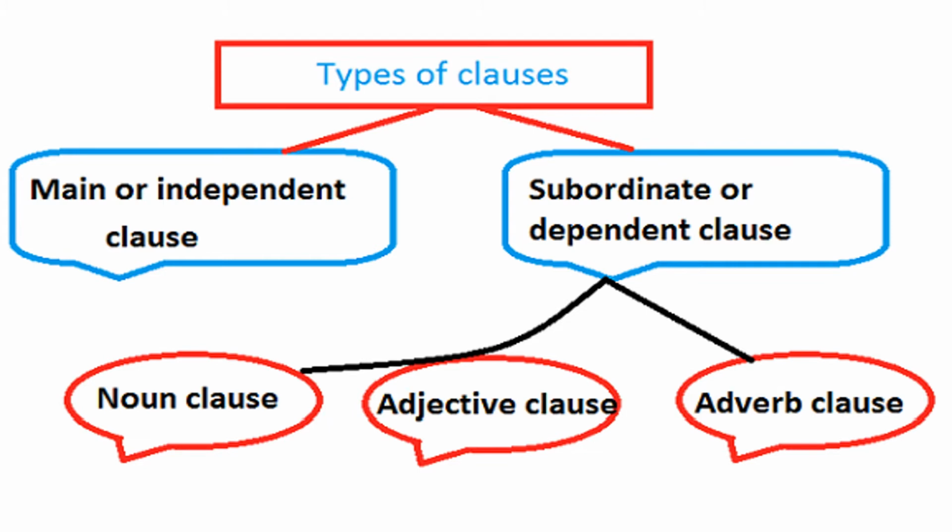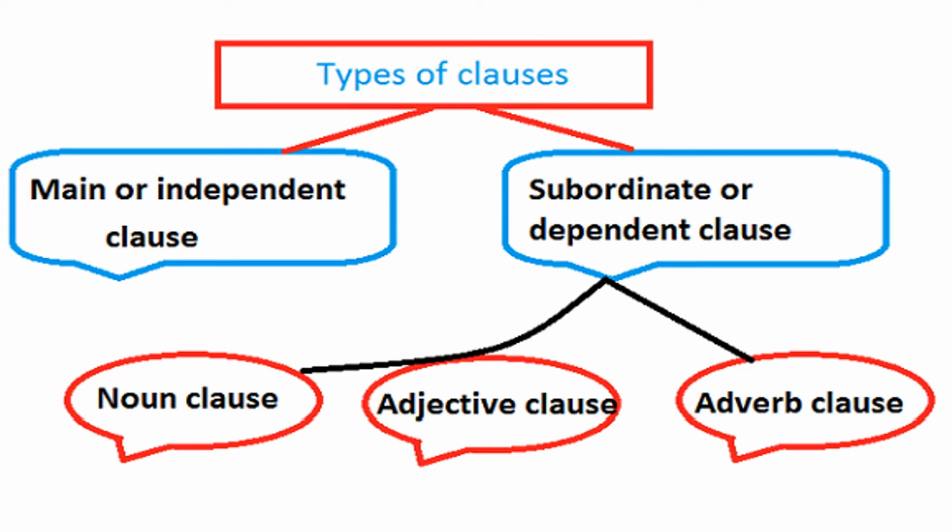That brings us to the next question. What are the different types of clauses? The main or the independent clause. The name itself suggests that it does not require any other sentence to complete its meaning. It is independent, not dependent. So, as I said earlier, these kinds of clauses can also be called simple sentences.